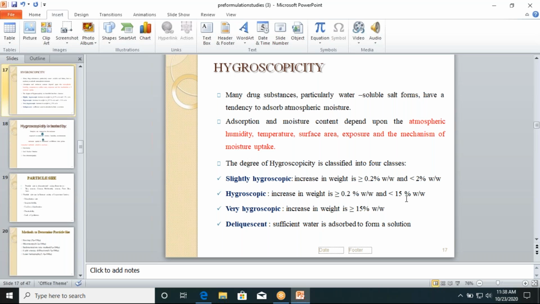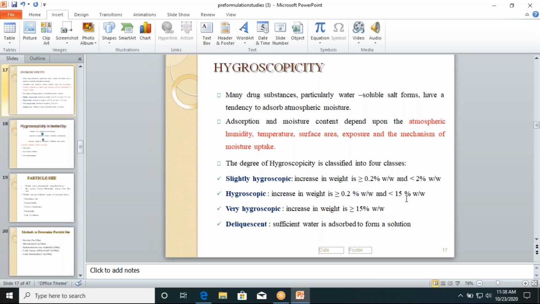So hygroscopicity is a phenomenon where the molecule will absorb atmospheric moisture. The factors that affect the absorption of moisture are atmospheric humidity, temperature, surface area of the drug molecule, exposure, and the mechanism it will adopt for moisture uptake. It is classified as slightly hygroscopic, hygroscopic, very hygroscopic, and deliquescent.